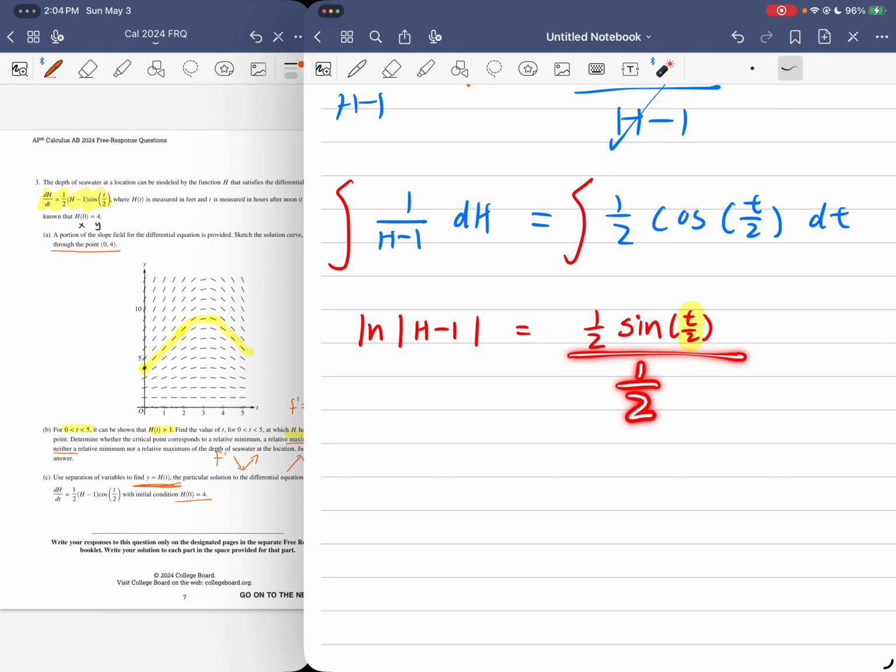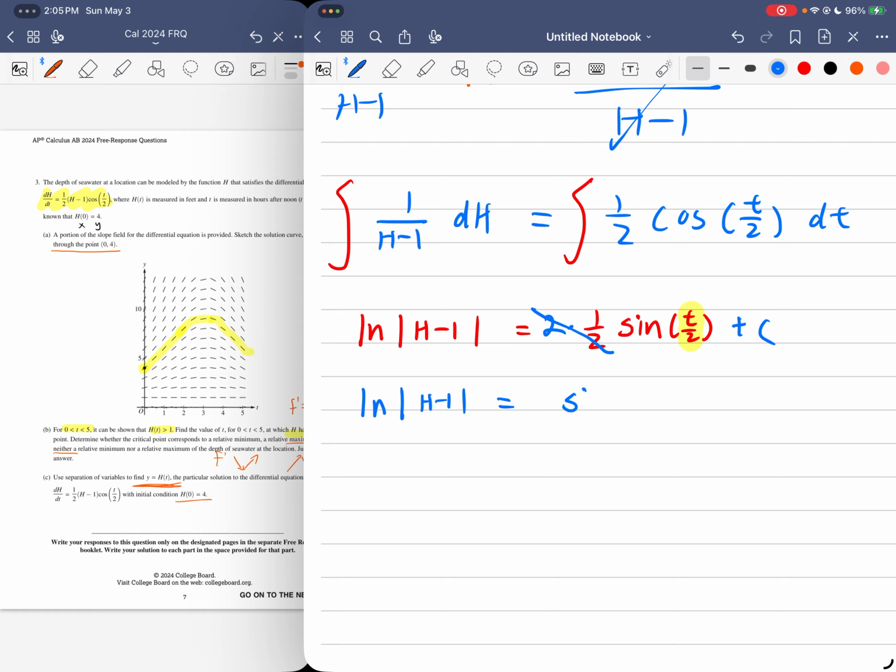If you divide by 1/2, these two disappear, or you can just multiply by 2, whichever you want, plus c. So we have natural log of h minus 1 equals sine of t over 2 plus c.